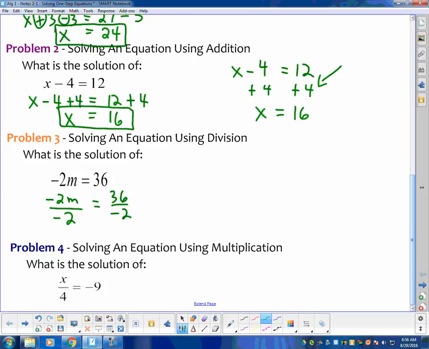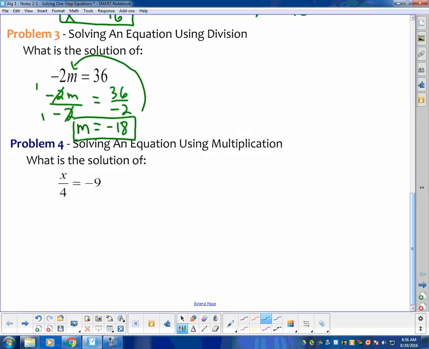Here we have negative 2 divided by negative 2. That gives us 1, top and bottom. And 1 over 1 times m is just m. And 36 divided by negative 2 is negative 18. So if I plugged in negative 18 up here for m, negative 2 times negative 18 should equal positive 36.